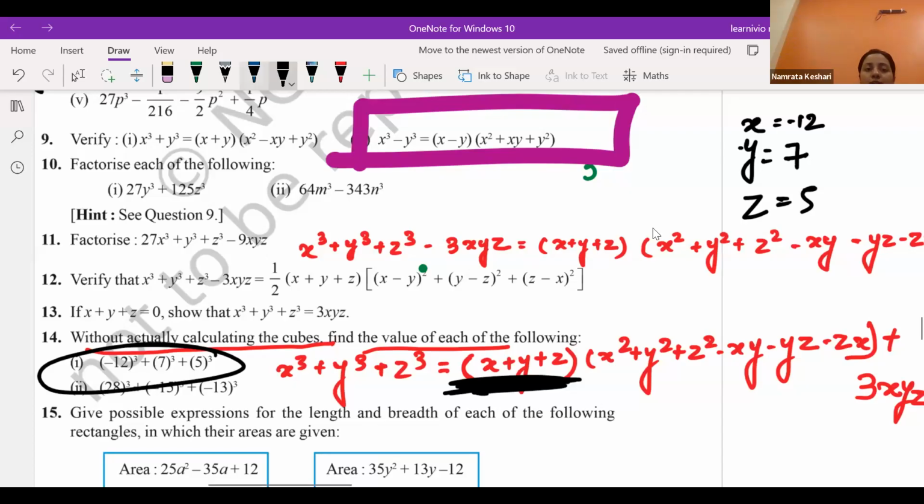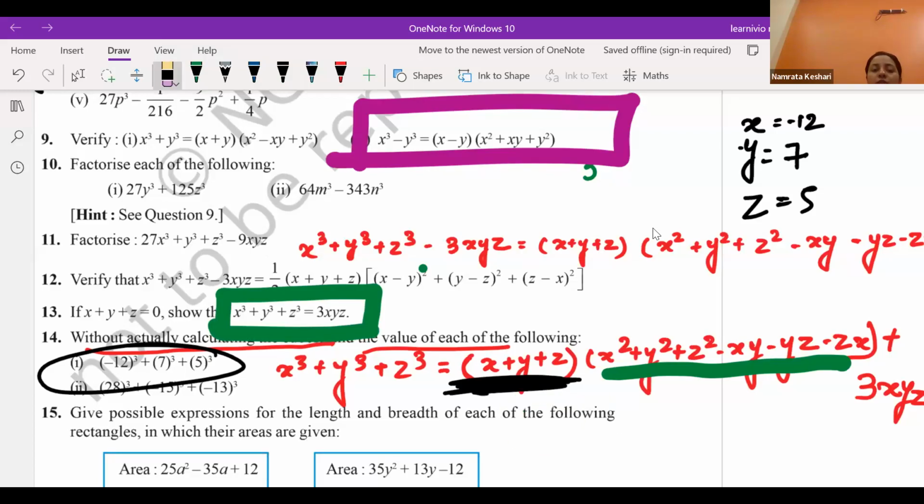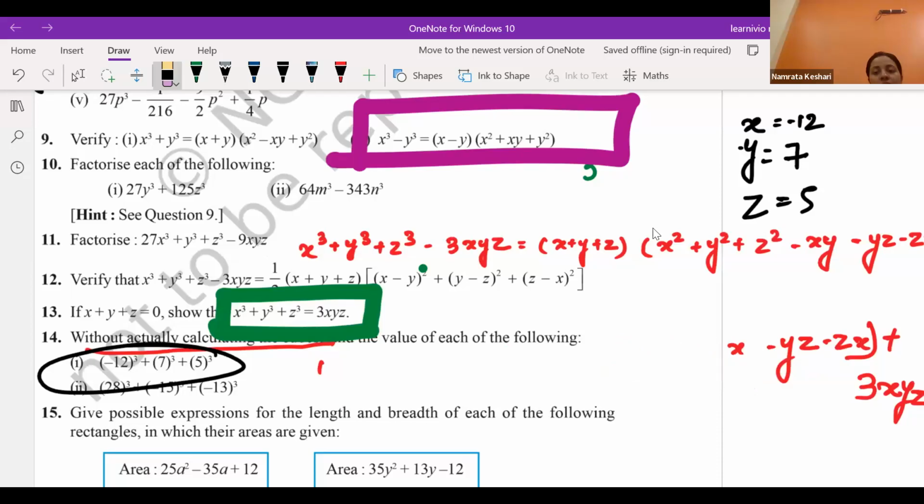So initially I told you you don't even have to do this much calculation. This is 0. That means this complete part multiplied with 0 will be just 0. So actually the formula which you need to use for this question is this one. Are you getting it? Yes, ma'am. Why? Because your x plus y plus z is coming out as 0. Is it making sense to all of you? Yes, ma'am.